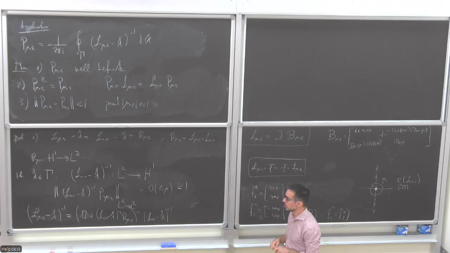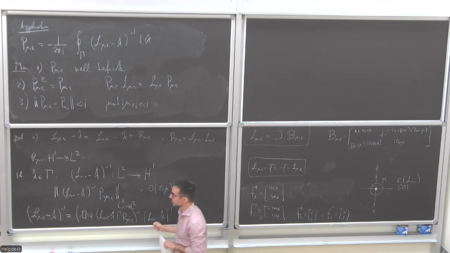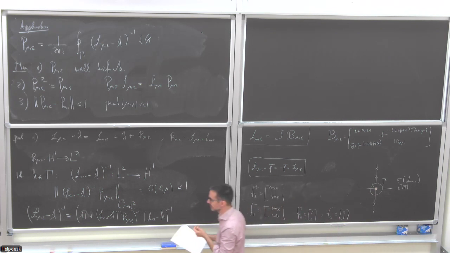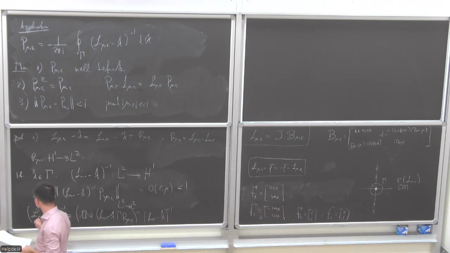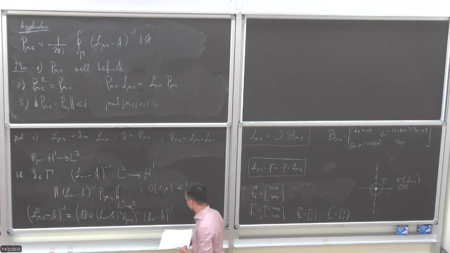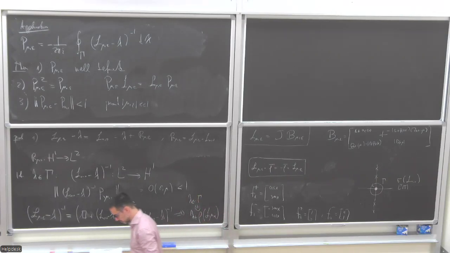Okay, and so what you get is that this operator has compact resolvent, and so it has only isolated eigenvalues. So lambda belongs to gamma, and lambda belongs to the resolvent set of this operator.